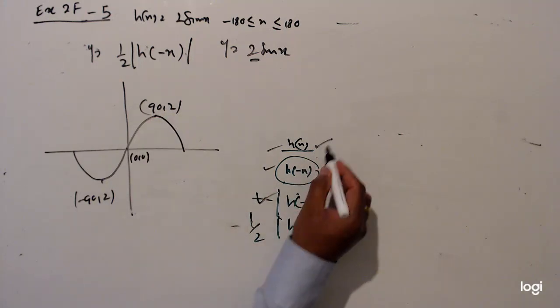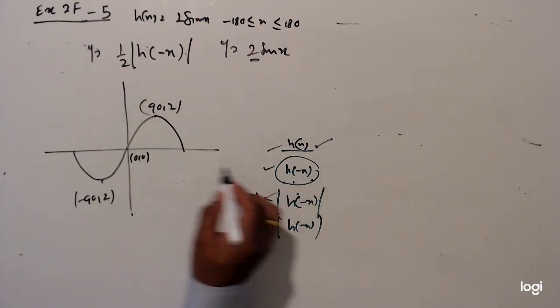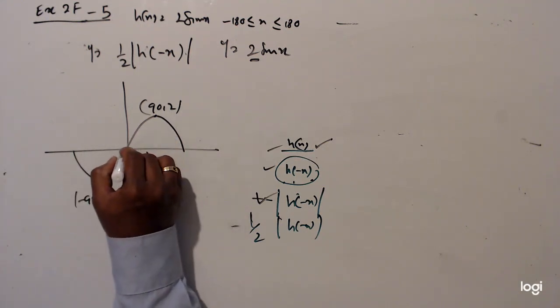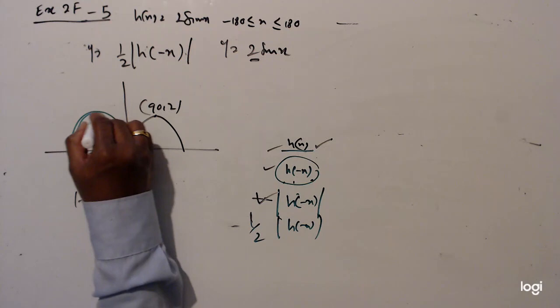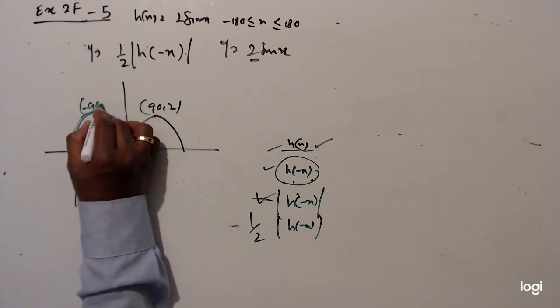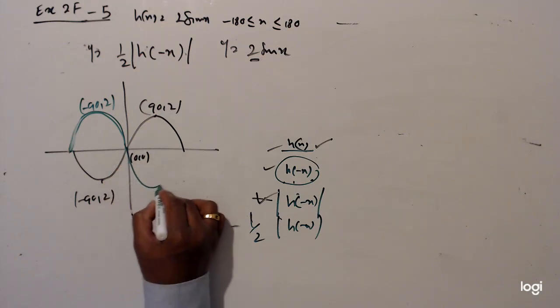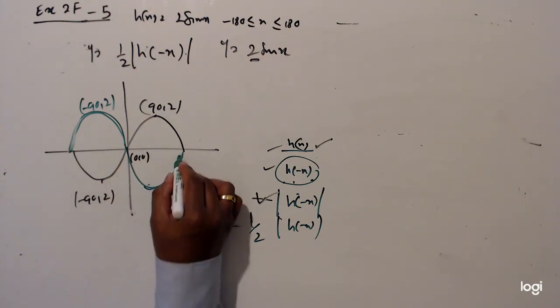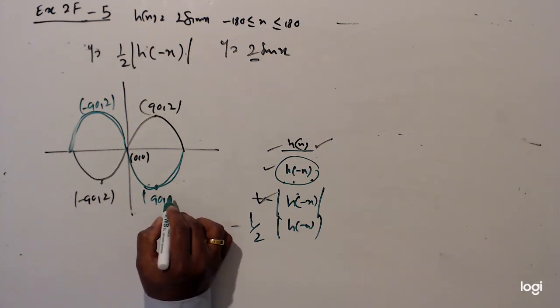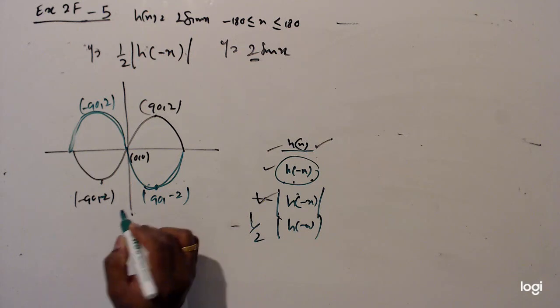So then this is h(x). The mirror reflection: this part is going to be here, and this becomes minus 90, 2. And this part is going to be here, so this becomes 90, minus 2.